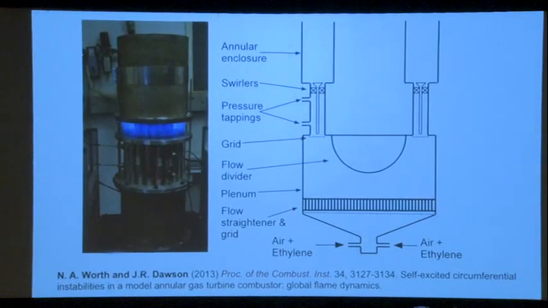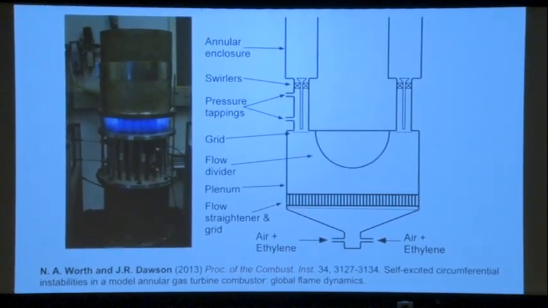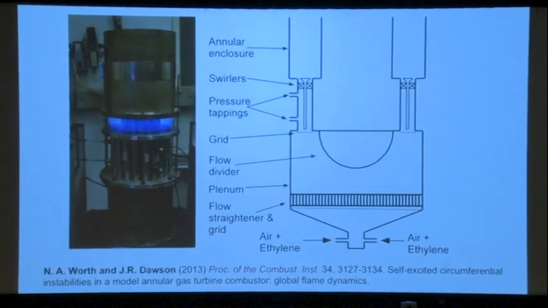This is the experiment of Jim Dawson and Nick Worth. They were looking from above. So that's interesting because you see the viewing is not very good on the side here, and their initial experiment was not as nice as ours.